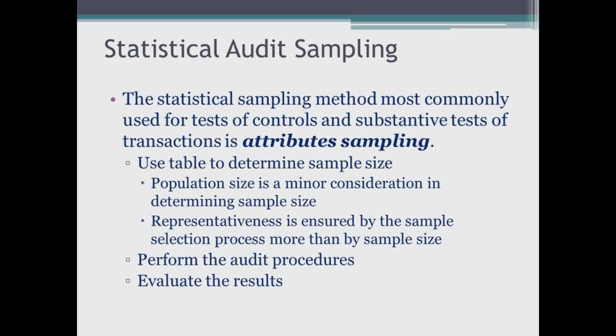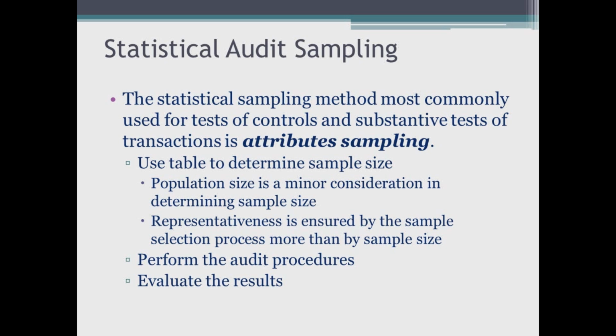The representativeness of the sample, because remember we said it's important to have a representative sample, that is your sample is representative of your population, is ensured more by the selection process than it is by the sample size, right? Perform your audit procedures and then evaluate your results.